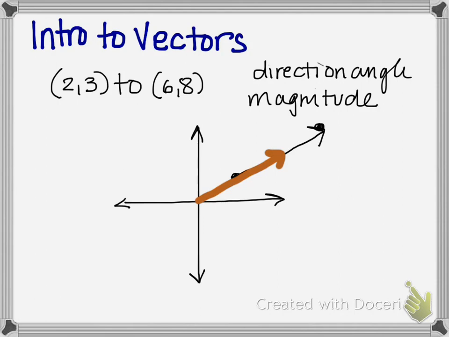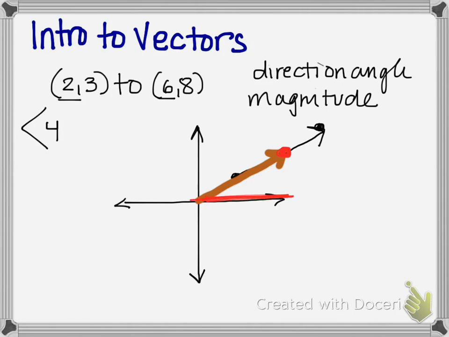The notation that we use to talk about the vector really looks like the coordinates of the endpoint in standard position. So what are the coordinates of this endpoint of this vector that is in standard position? Maybe you could see that if I'm going from 2 to 6, that's going to be 4 units to the right. So that's going to be these 4 units.